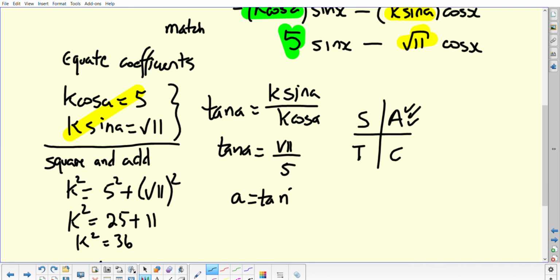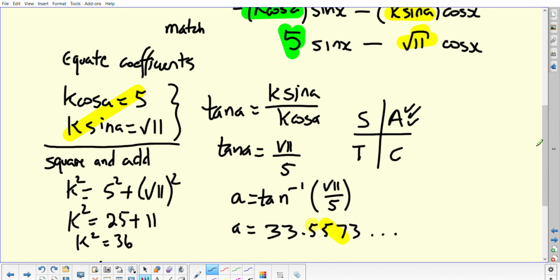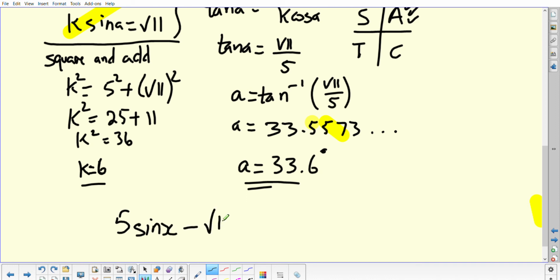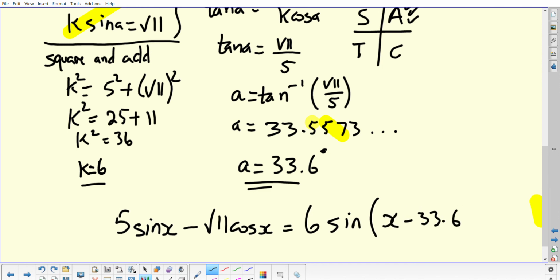We are in degrees still, so tan to the minus 1 of root 11 over 5, and you will get 33.5573, and a whole load of other figures, and we can round that to 33.6 degrees. So your expression that we started with, 5 sine x minus root 11 cos x, is the same thing as the single sine expansion, 6 sine of x minus 33.6.